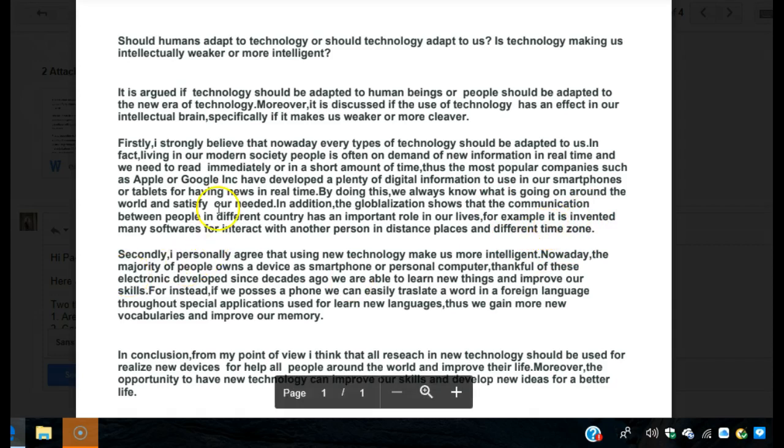So, okay, let me try this again. Software is uncountable, so it has to be: a lot of software has been invented to interact with other people in distant places and different time zones.